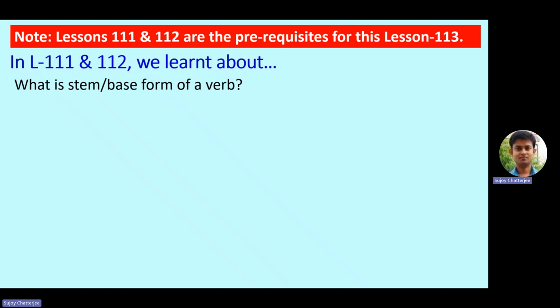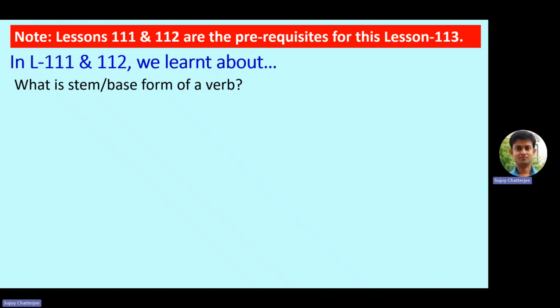In lesson 111, we discussed the stem form or the base form or the plain form of a verb. Until lesson 110, we mostly used the masu form of the verbs. That means masu, masen, mashita, and masendeshita.